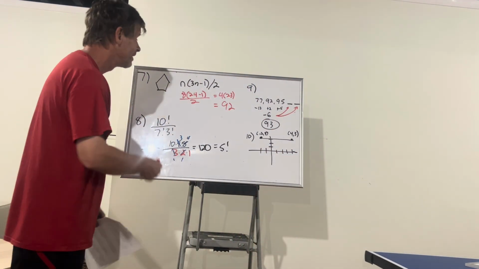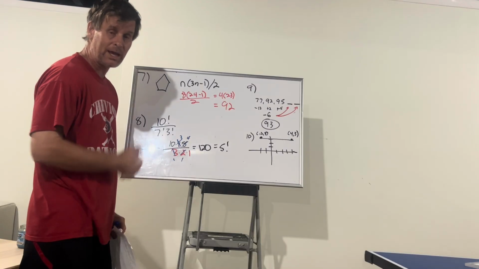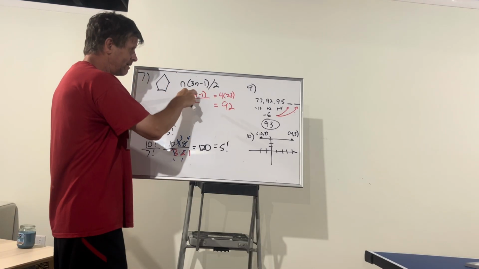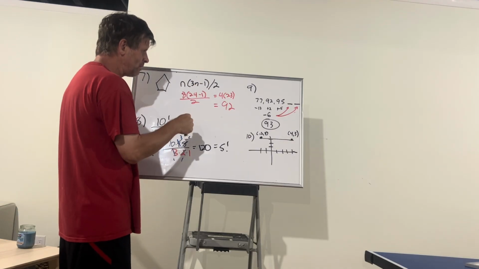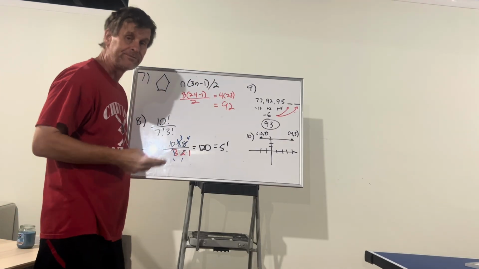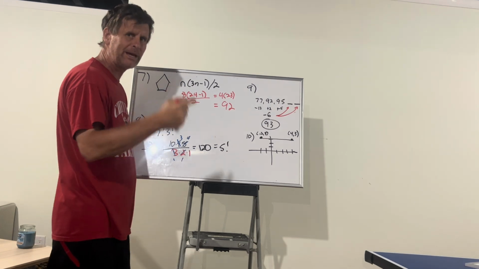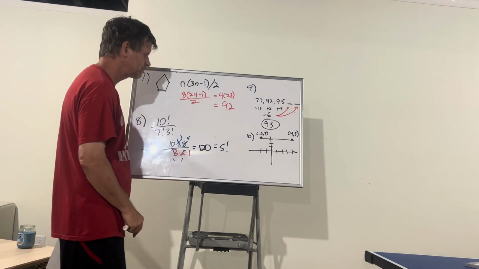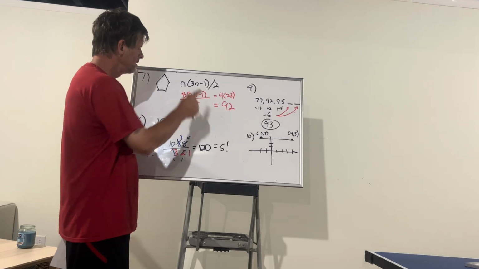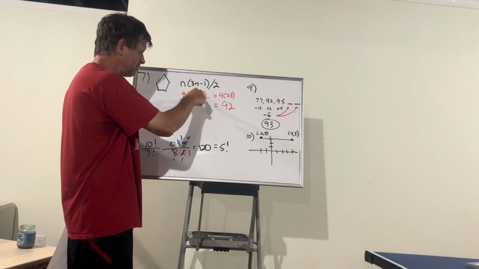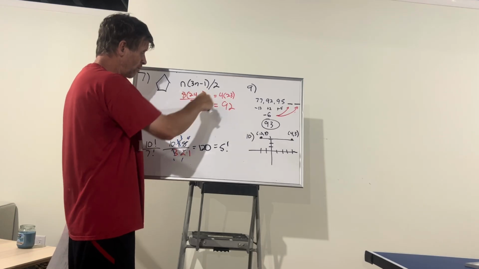Again, just a formula. Okay? The formula for pentagonal numbers is n times the quantity 3n minus 1 all over 2. Okay? So it was asking for the 8th pentagonal number. So 8 times 3 times 8 is 24 minus 1. And then all over 2.